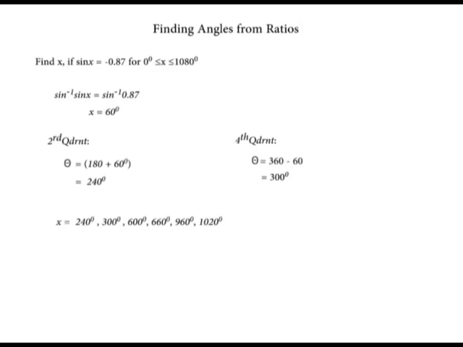If we moved another 360 and added to 960, it will surely surpass our range, and so we stop there. Those are the values of x within that range. The idea is just finding the first two angles and then keep adding 360 degrees. However, make sure you don't surpass the range.